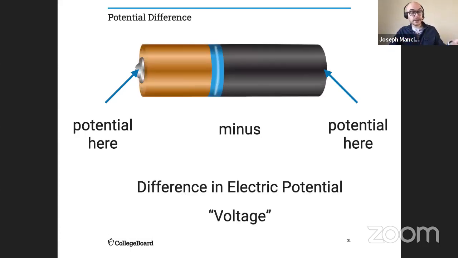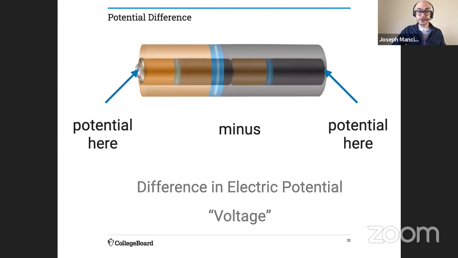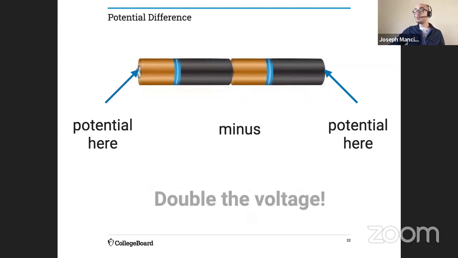Now, here, with one battery arranged like this, if you bought a AAA battery off the shelf at a store, it's 1.5 volts. If you arrange them like this, it's double the voltage. It's 3 volts. The charge moves through one battery.